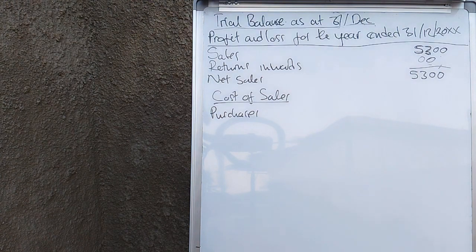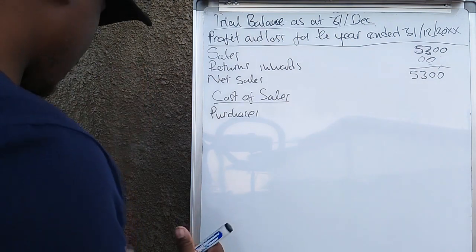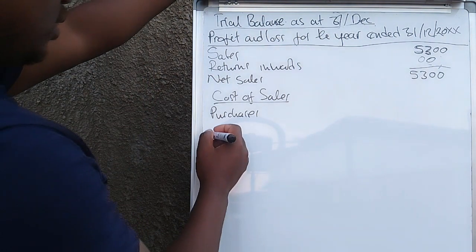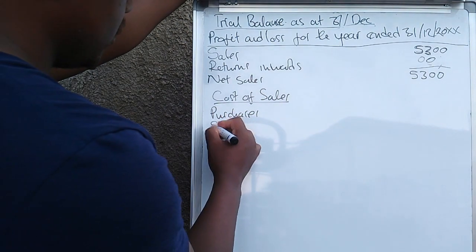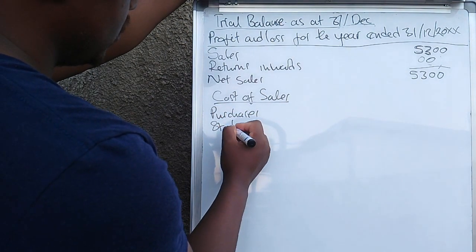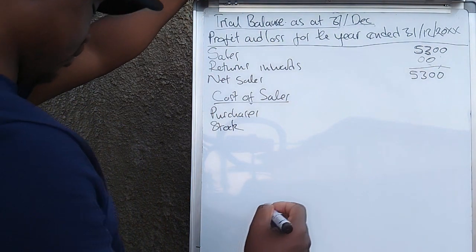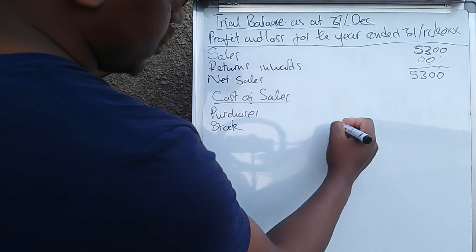Actually, we are given the cost of sales figure. So, where do we get purchases from? We do the following calculation. We have our closing stock. Our closing stock is 1,200.